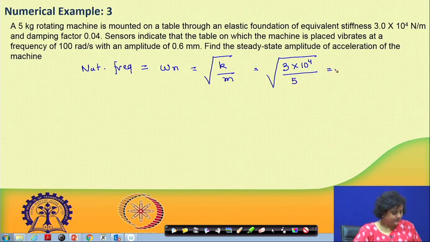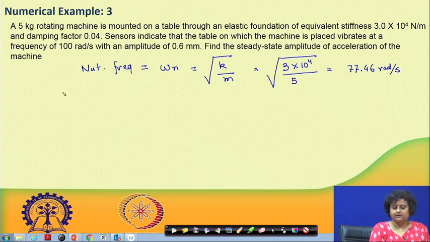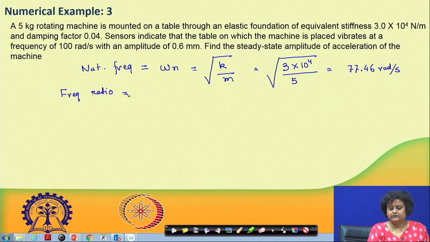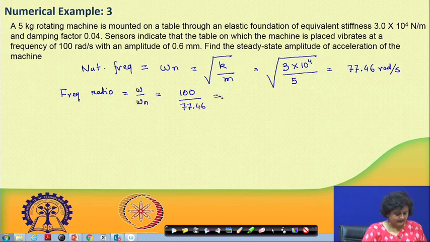If we evaluate that, it comes to be 77.46 radian per second. Therefore, the frequency ratio, which is omega by omega n, is 100 by 77.46, which is equal to 1.29.